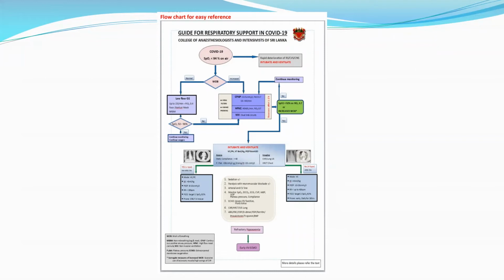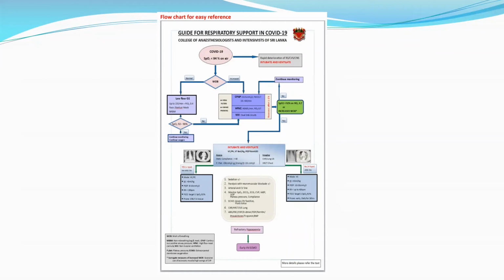You have to go for CPAP, high flow nasal oxygen, or non-invasive ventilation, depending on the case. If it is CPAP, we apply CPAP between 8 to 15 centimeters of water and FiO2 appropriate to get adequate saturation. Our target saturation is between 92 to 96.